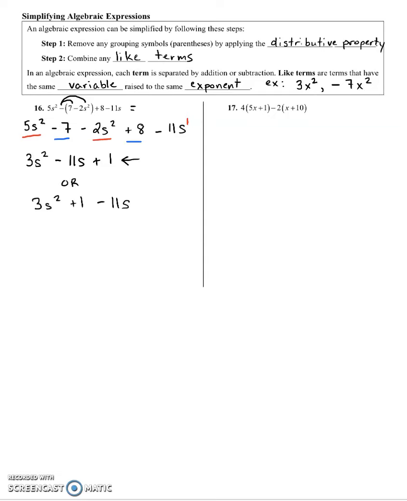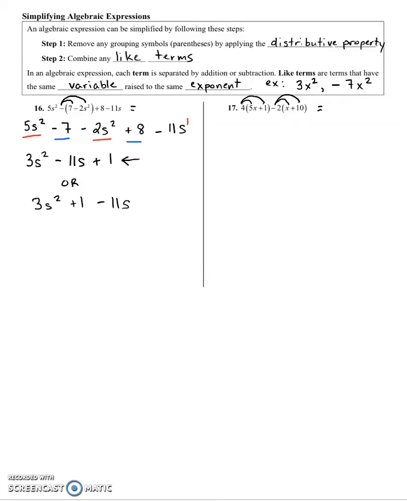Alright, so now you should pause the video, of course, and then try to do number 17 on your own. And then restart the video. So remember, we have to distribute here, so the 4 has to be multiplied by both the 5x and the 1. And the -2 also has to be multiplied by the x and the 10.